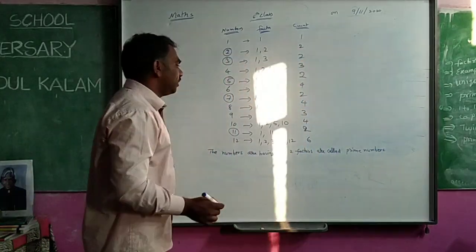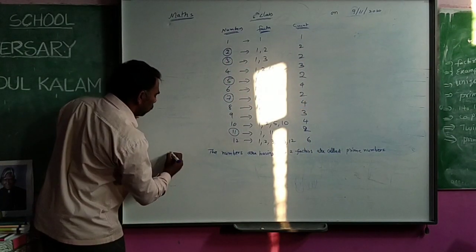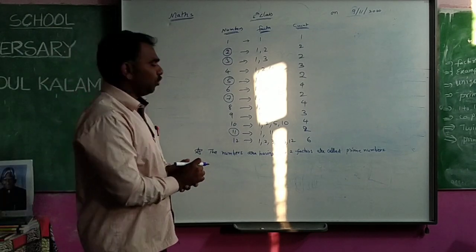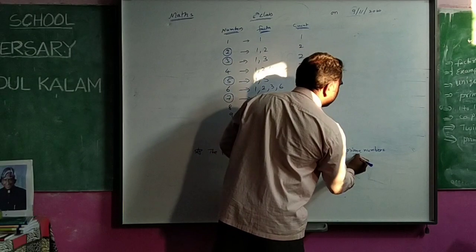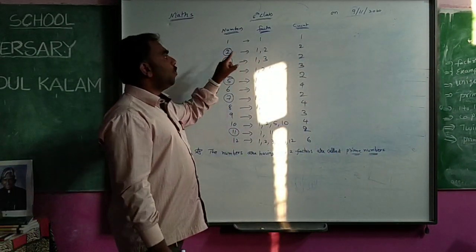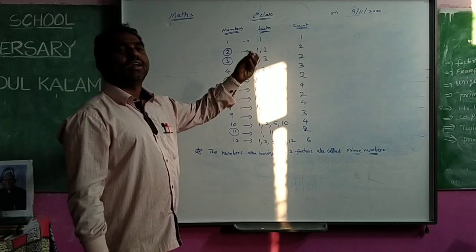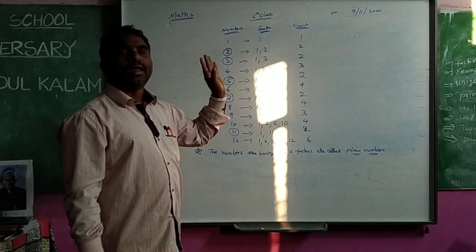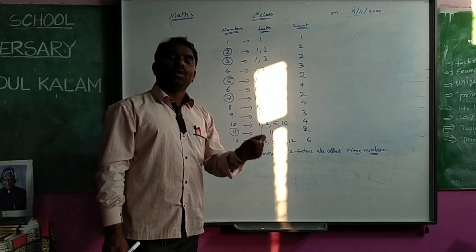The numbers which are having only 2 factors. So this is an important point, we have to learn that. This is the most important thing. Prime numbers are the numbers which come in that table only and 1 table only, not in any other table.